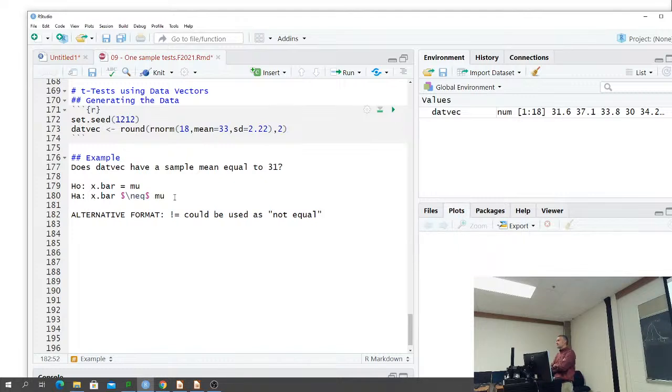So we have is.na, is dot NA. That may have appeared someplace. We could do exclamation point is.na to say that it's not that. Or you could use that format.